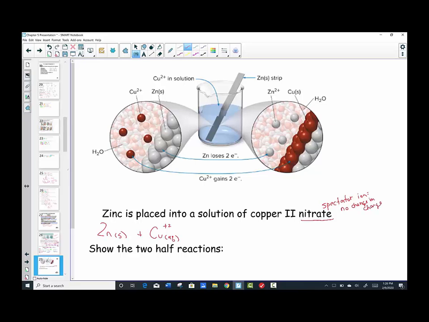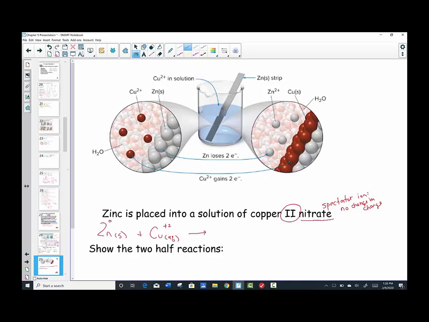So since it didn't change charge, we'll just leave it out and focus on the 2 metals. Zinc started as an element. Elements are in their natural state, so 0 is its charge. Copper started as a +2 ion. I know so because of the Roman numeral.